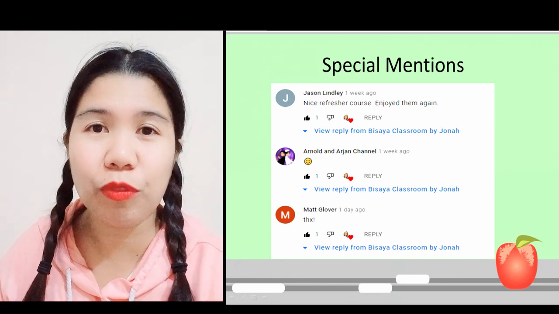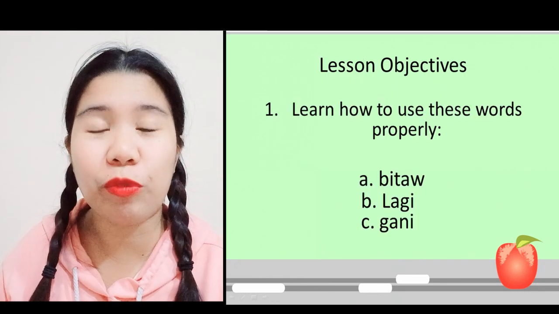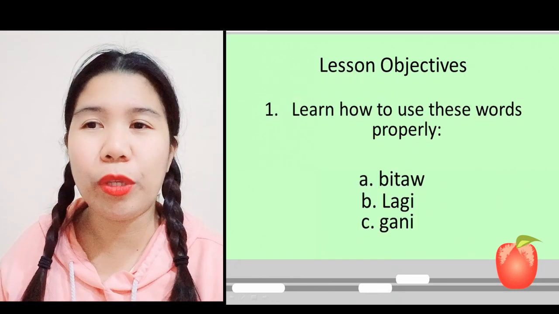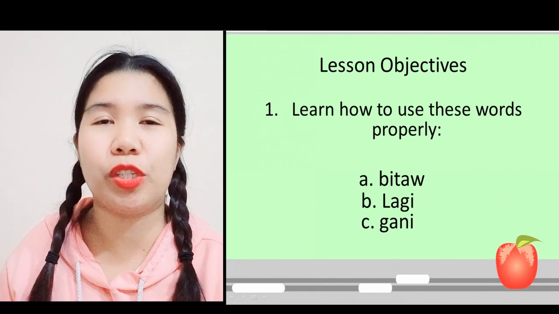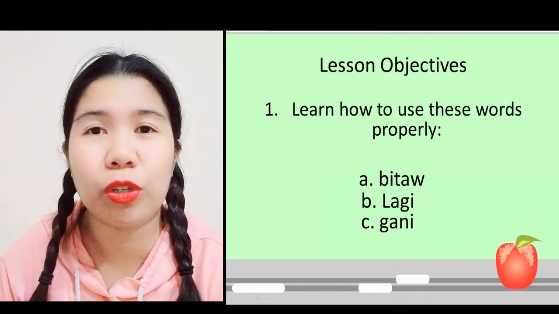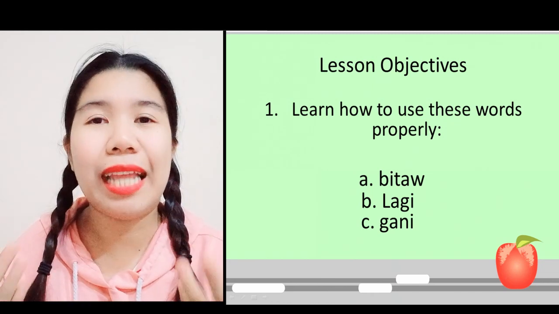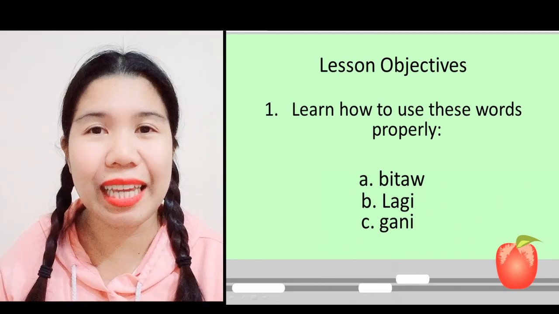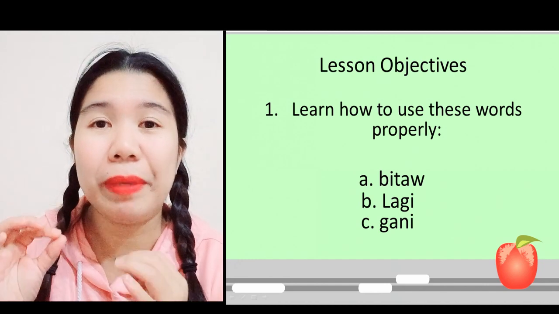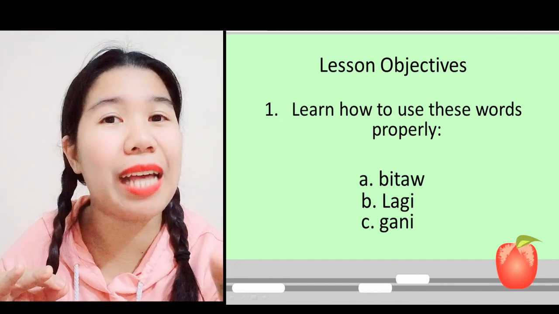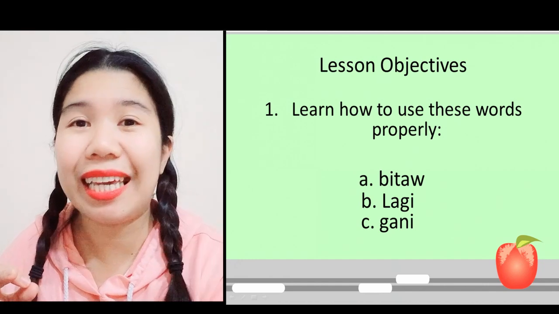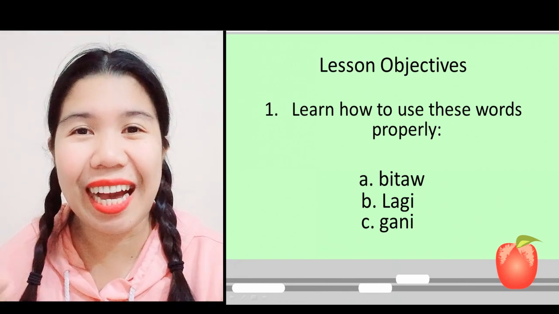At the end of this video, if you finish this video, you're going to learn how to use these words properly. So today we are going to learn only 3 words. We have Bitaw, Lagi, Gani. Again, Bitaw, say it, Bitaw, Lagi, Gani.